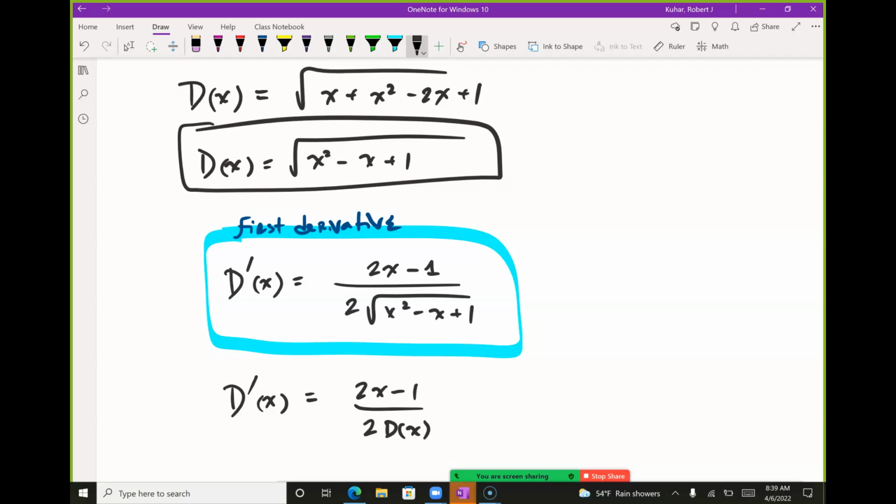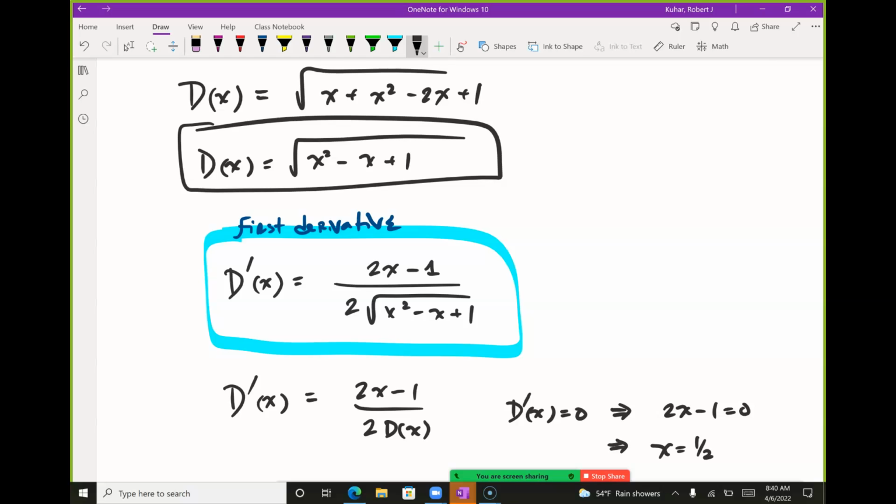And I know the distance can't be 0, so I don't need to think about a critical value downstairs. So all I have to do, and this will make my second derivative easier, is find my critical value here. So d prime of x equals 0 gives me 2x minus 1 equals 0, gives me x is 1/2.